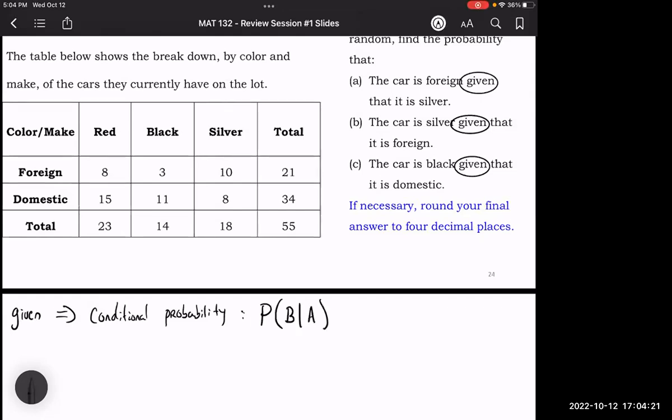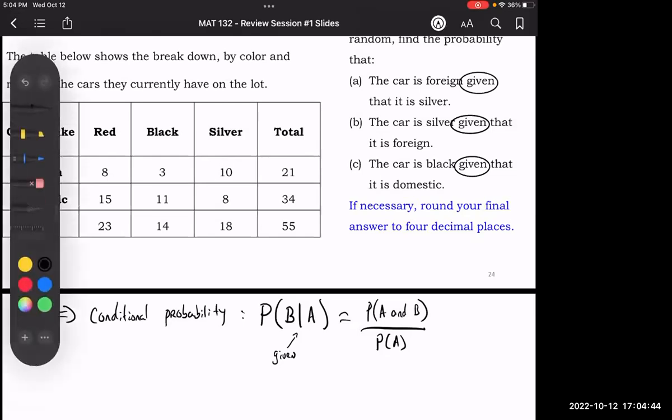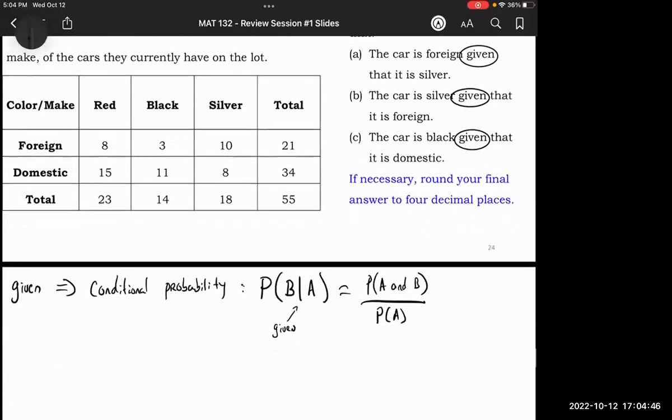That bar, when you see that bar there, that means given. And we say that the probability of B given A is equal to the probability of A and B over the probability of A. When I'm dealing with conditional probability and I have this formula, I use it intuitively. I prefer solving conditional probabilities based off of the sentence.